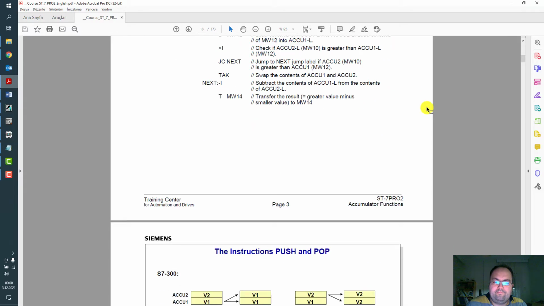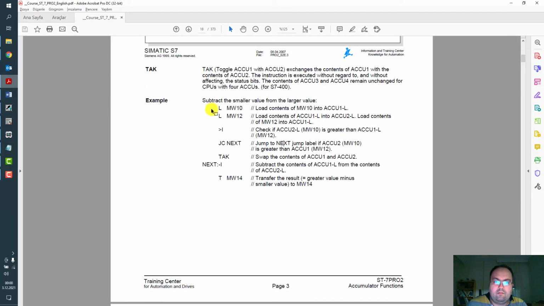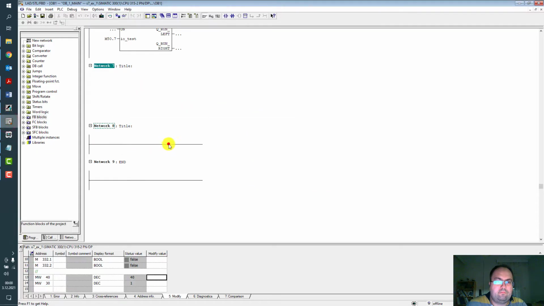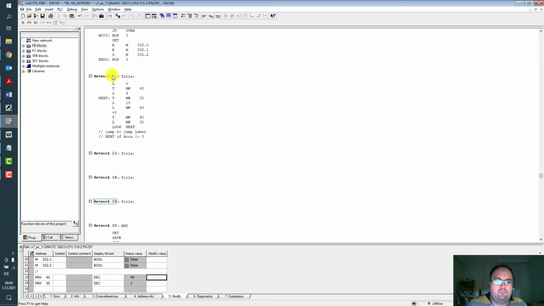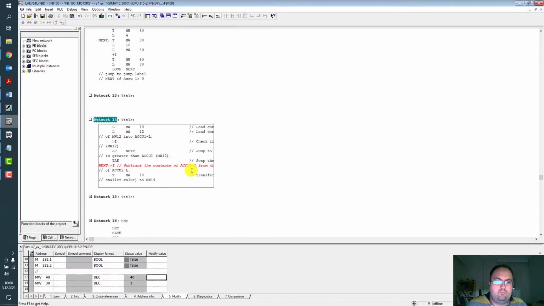Let's try this. Minus integer already used.